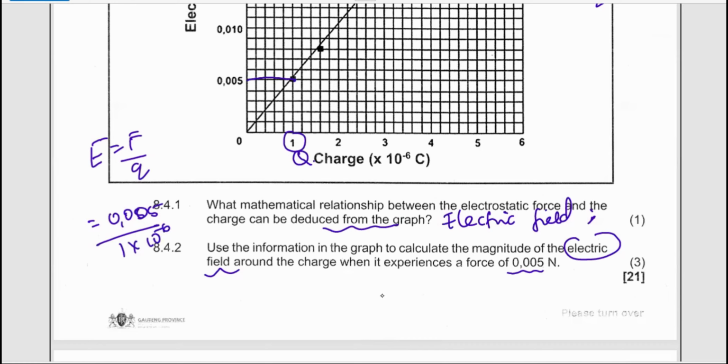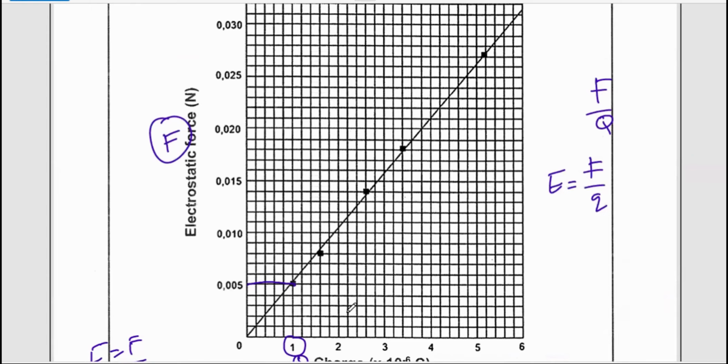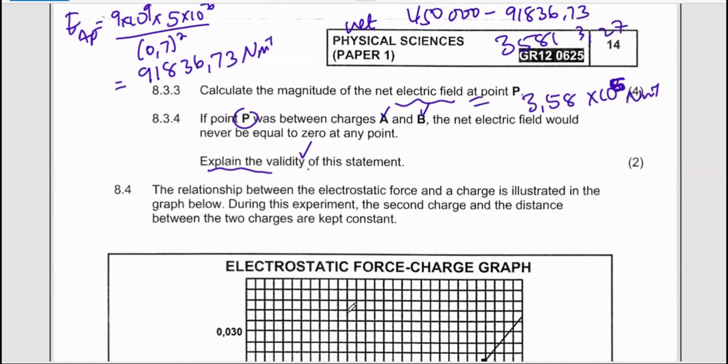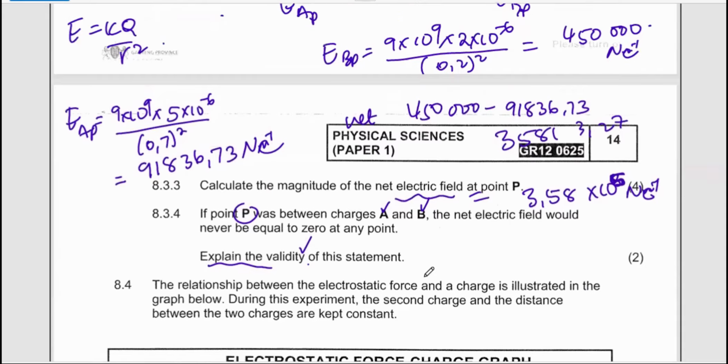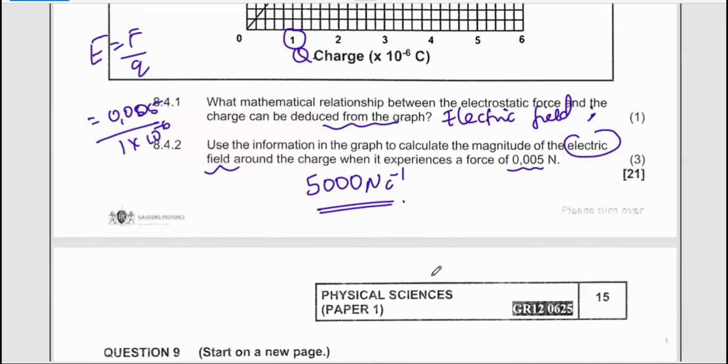When I divide that, I'm getting 5,000. This is newton per what? Per coulomb. Yes, we were right. That is how question 8 would have been approached.